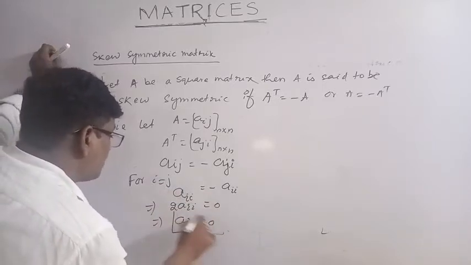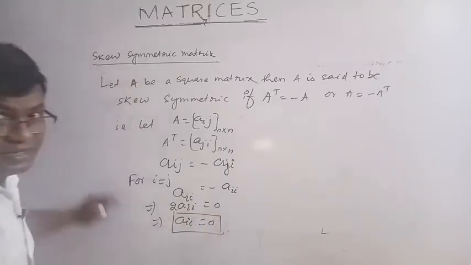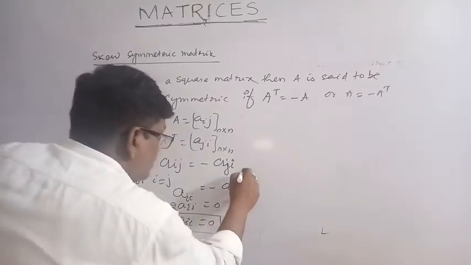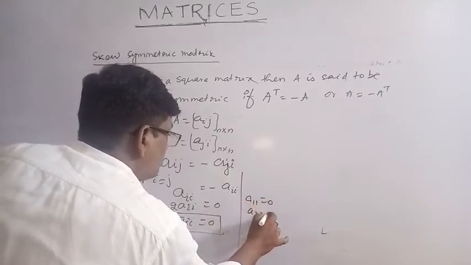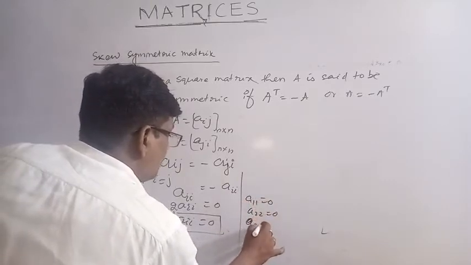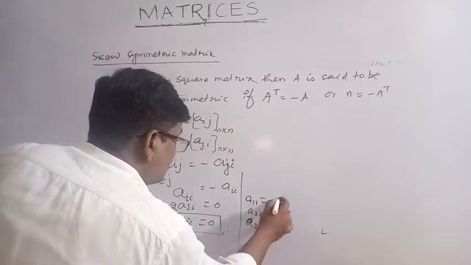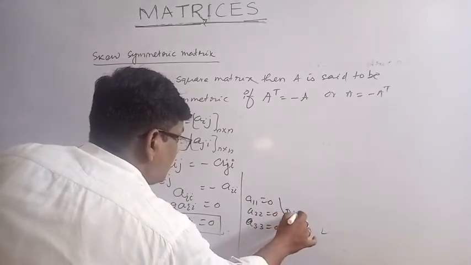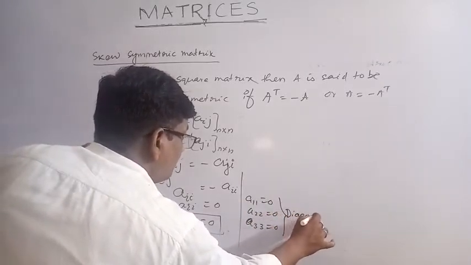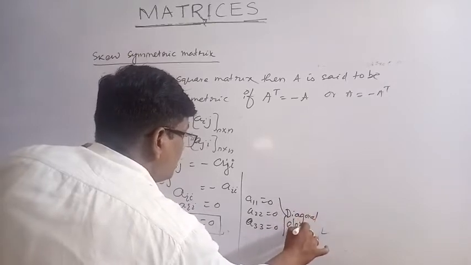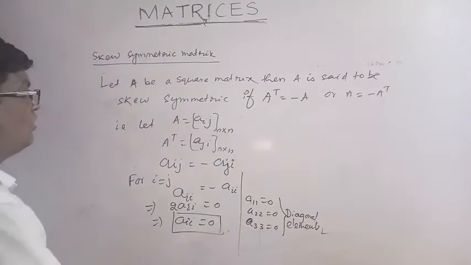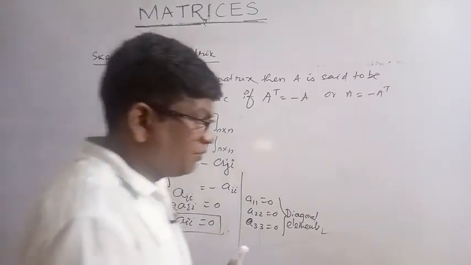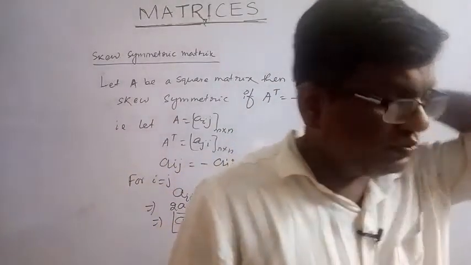Aii equal to 0 means A11 is 0, A22 is 0, A33 is 0. The diagonal elements are zeros and the other elements are negatives of each other.